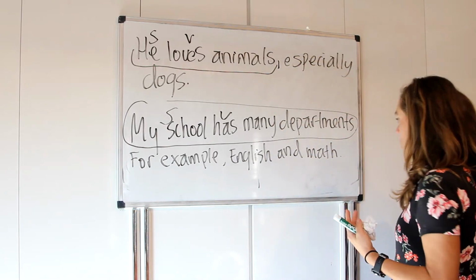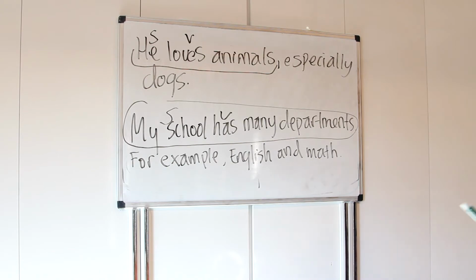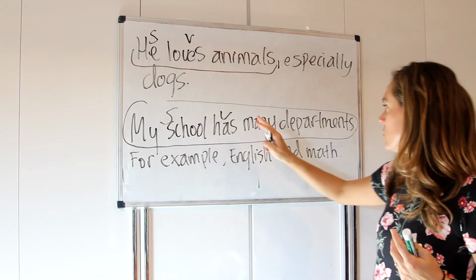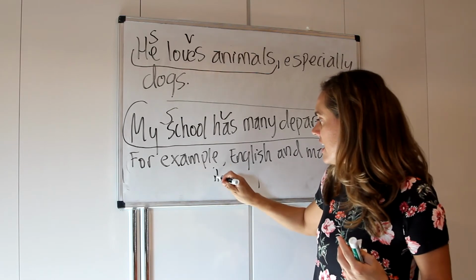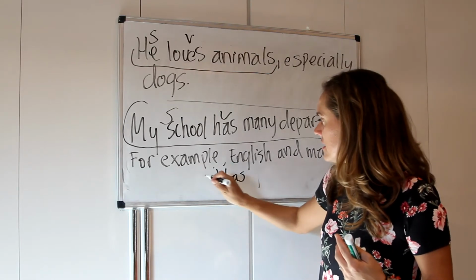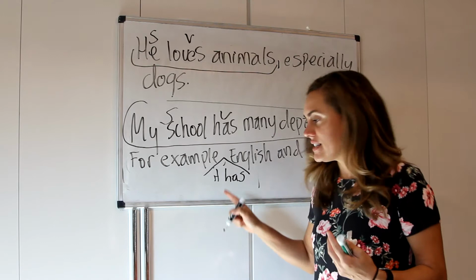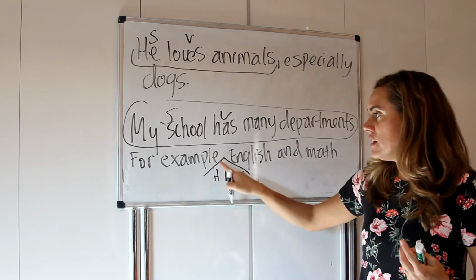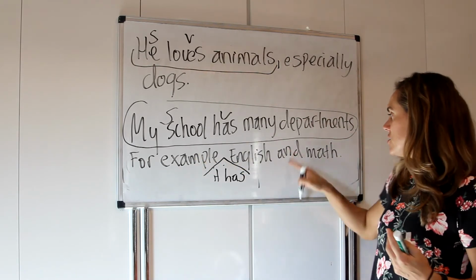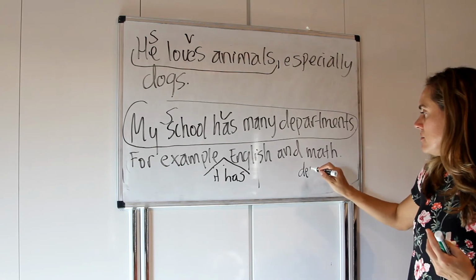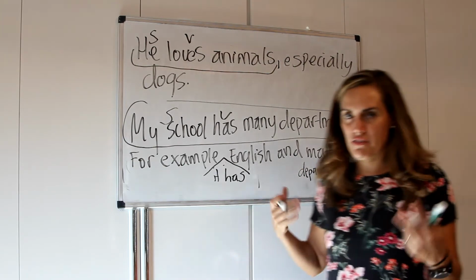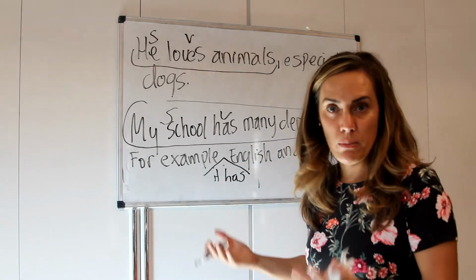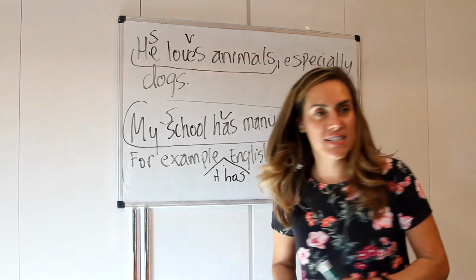So instead, what we should do is say, "My school has many departments. For example, it has," so just add what's missing. It's missing the subject and verb. "For example, it has English and math departments." If it were really my sentence, I would add more departments, but this is just an example.